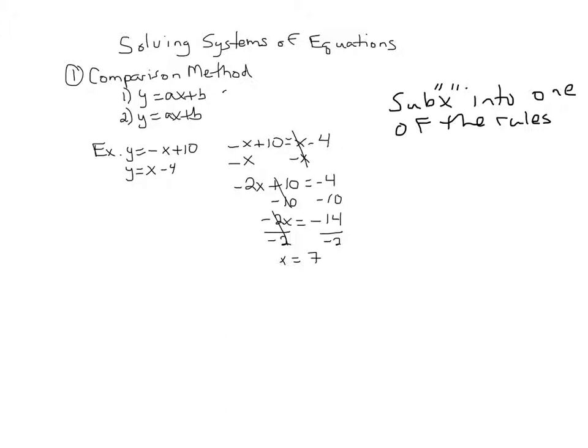So I'm going to go y equals x minus 4 and sub in my x. So y equals 7 minus 4, y equals 3.